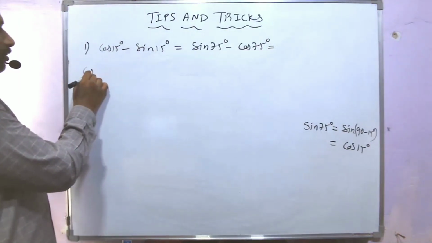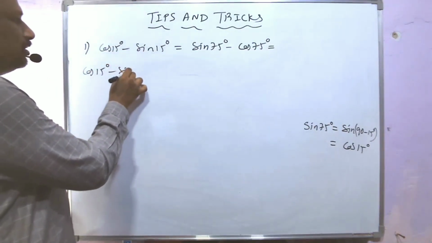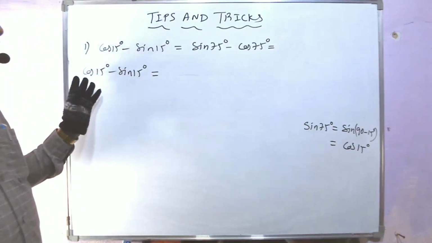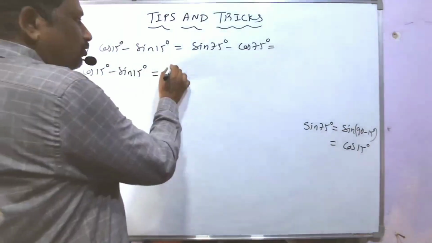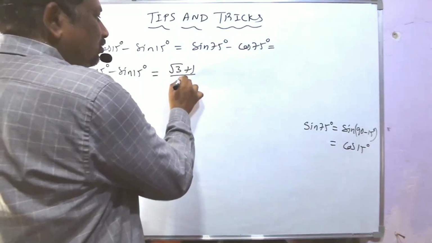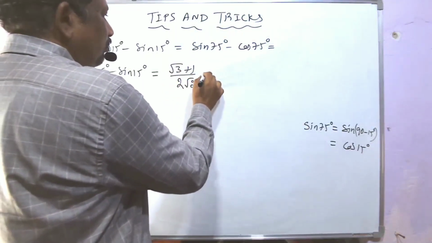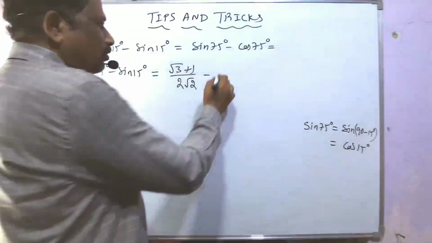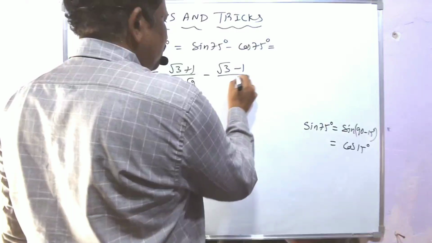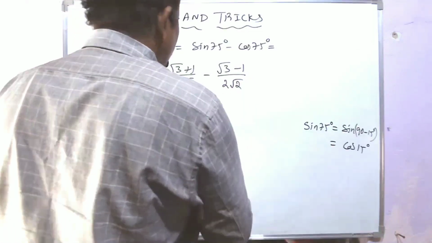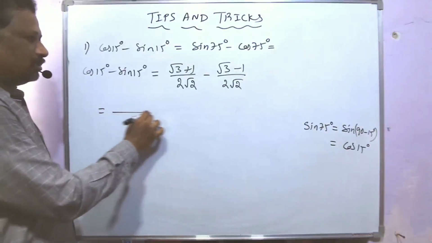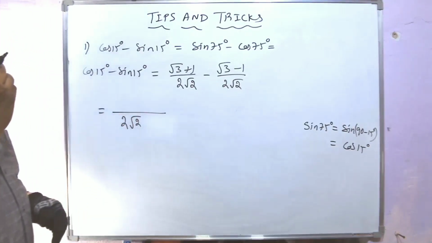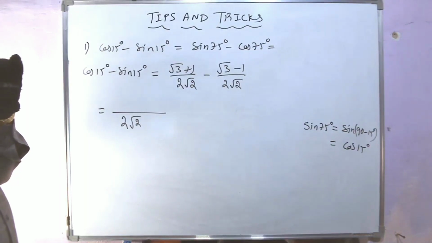So cos 15 degrees minus sin 15 degrees. So what is the cos 15 degrees? Root 3 plus 1 by 2 root 2 minus sin 15 degrees, root 3 minus 1 by 2 root 2. So now take LCM. Here LCM is 2 root 2.